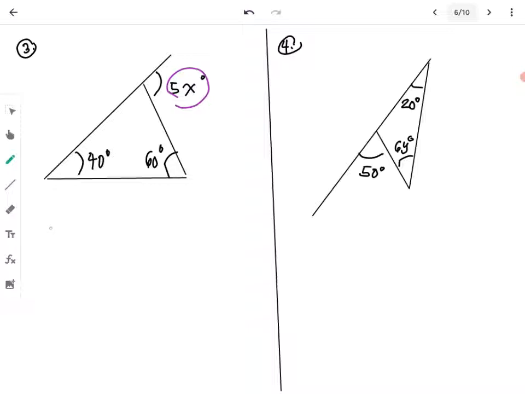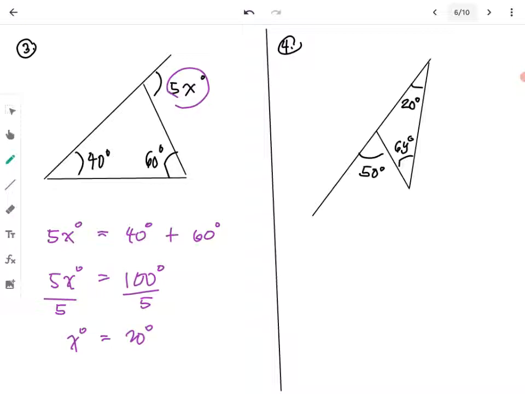So what we say is that, keeping the principle in mind, the exterior angle 5x degrees is equal to the sum of the opposite interior angles. If we add them, we have 100 degrees. So 5x equals 100 degrees. Imagining 5 times something gives you 100, that is 20. Or we can simply divide both sides by 5, we have x degrees equals 20 degrees, or simply x is just 20.